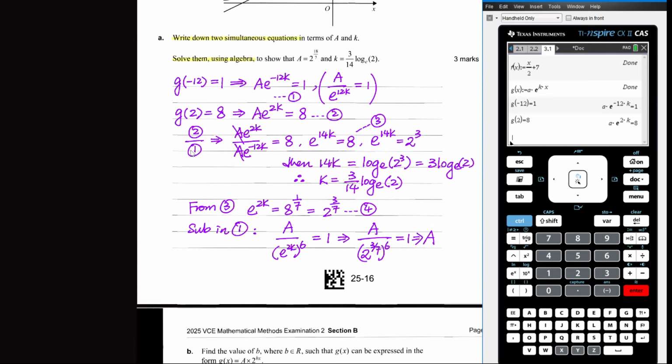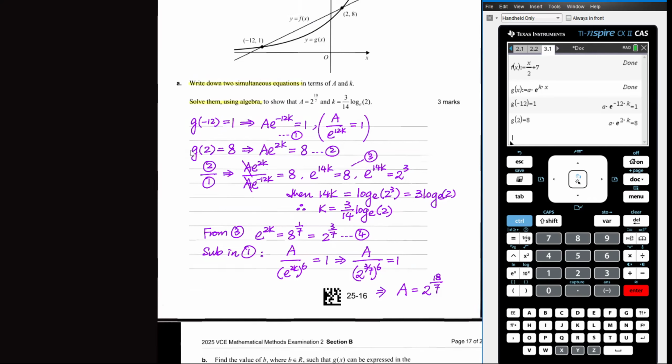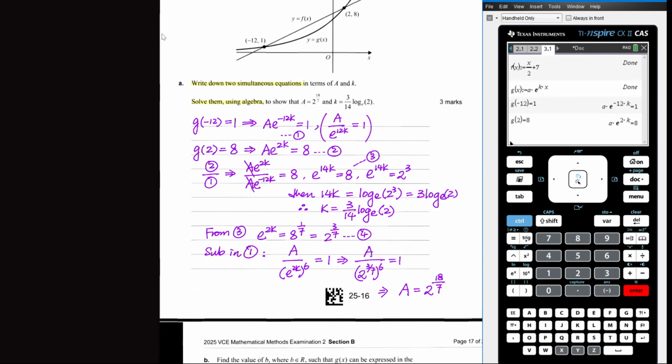And therefore, we have a equals 2 to the power 3 times 6, that's 18, divided by 7. So we need to use another equation and get this a value. Okay? So that's pretty much how you get the a value algebraically. And then we can move on and have a look at the next question.